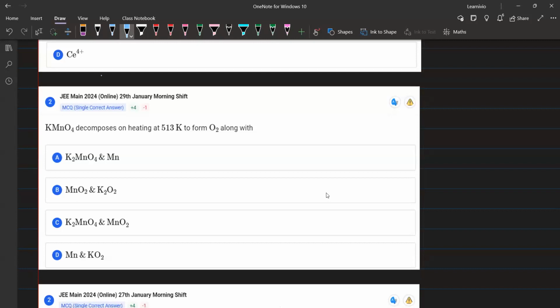Otherwise, when you heat KMnO4 you will get K2MnO4 plus manganese oxide and you will get oxygen. Okay, you can balance this out. All of these reactions are there in here.